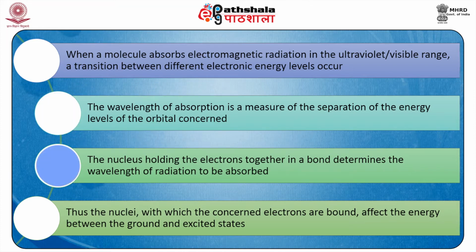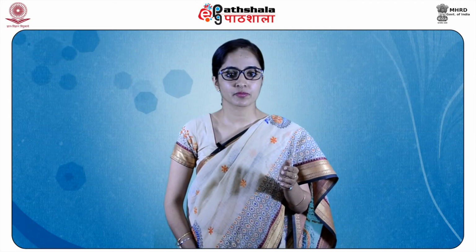Now, the nucleus holding the electrons together in a bond determines the wavelength of radiation to be absorbed because of the strength by which the nucleus is holding on to the electrons.